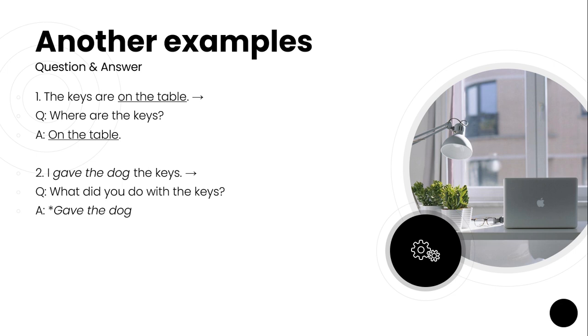In the first sentence, it is a constituent because it can answer a question while retaining the meaning of the original sentence. Different from the second sentence, it's not a constituent because it cannot stand alone as an answer to the question.